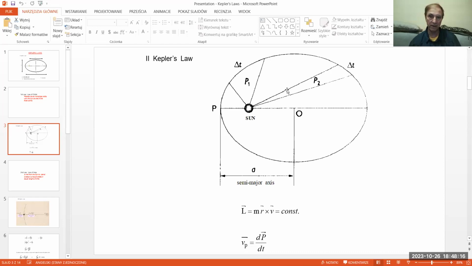The radius has changed, now has a different length, and the velocity has a different value. We are speaking about the tangential velocity. But again, the change of the radius and the velocity has such a value that the product is equal to the initial radius multiplied by the initial velocity of this planet.